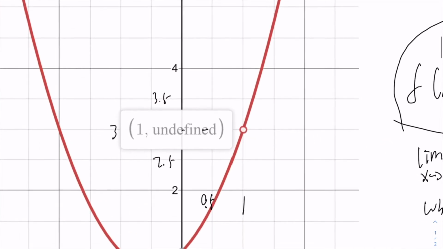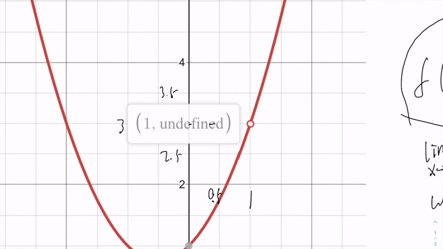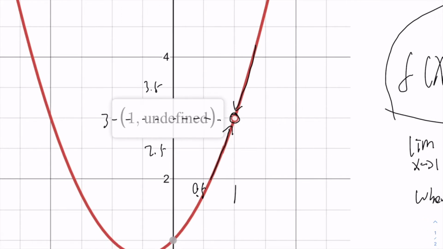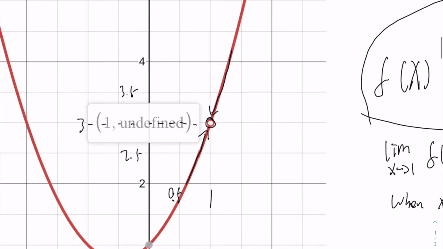Graphically you can see that at 1, f of x is undefined. However, when x is approaching 1, the function is actually 3. So f of x is approaching 3 when x is approaching 1.